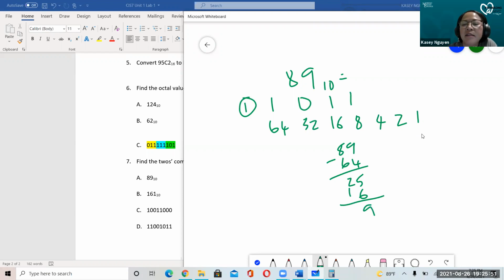Then 9 minus 8 gives me 1, so I zero these out. And 1 minus 1 gives me 0. So step 1 is to make our decimal into binary.